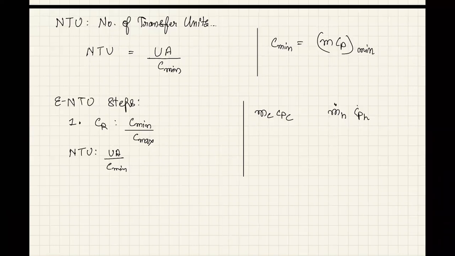So once a heat exchanger's specifications are fixed, like a double pipe heat exchanger with inner pipe of this diameter, outer pipe of this diameter with a thickness of this, and then the mass flow rates are fixed, and the streams are fixed, which stream goes where, you can easily calculate the value of U independently.